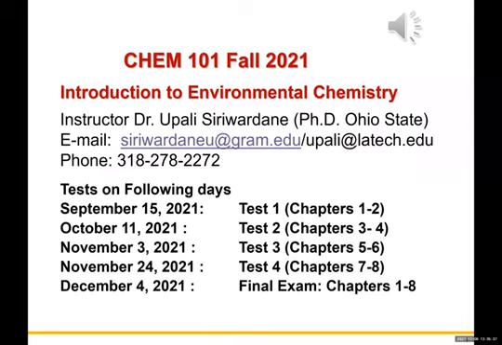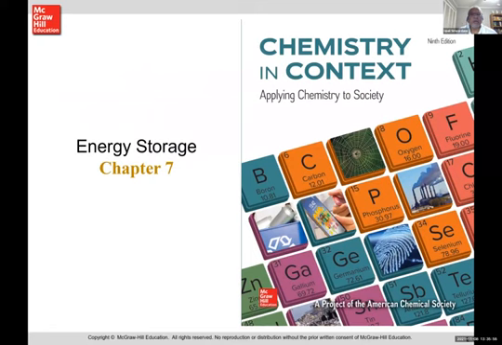All right. We're going to have a test on November 24th on chapter 7 and 8. So first finish chapter 7 today and then move on to chapter 8 on water. The topic of chapter 7 is energy storage.